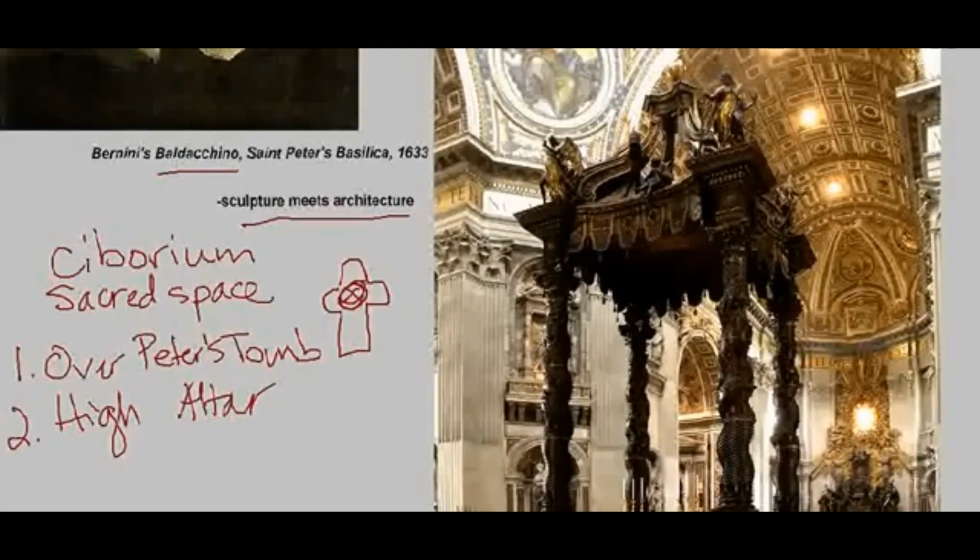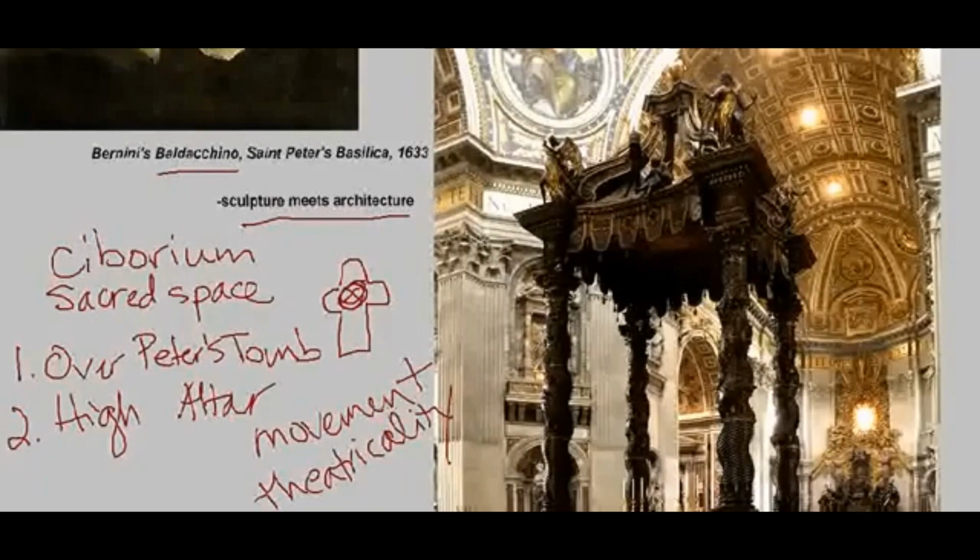And just before we move on, remind yourself of what are some of the important details of the Baroque. And really, two things that should come to mind immediately are movement and theatricality. And Bernini has achieved both of those things in this baldacchino.